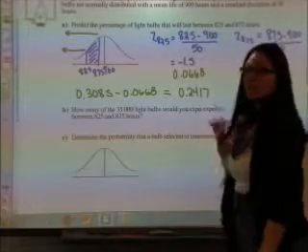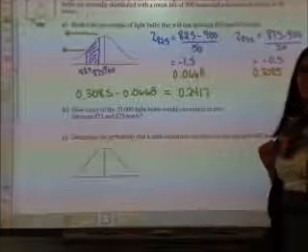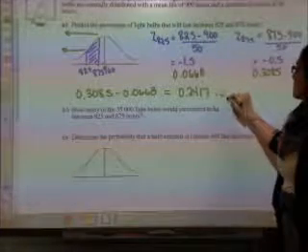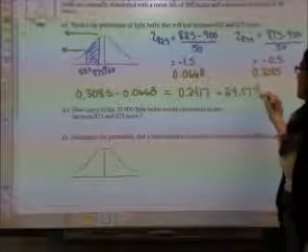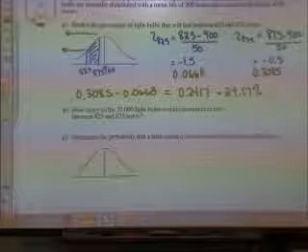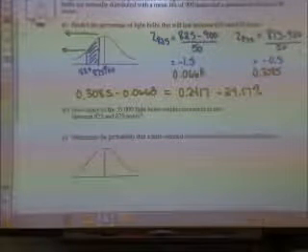Okay. What is that as a percentage? 24.17. Good. So I could predict that about 24% of the light bulbs will last between 825 and 875 hours.